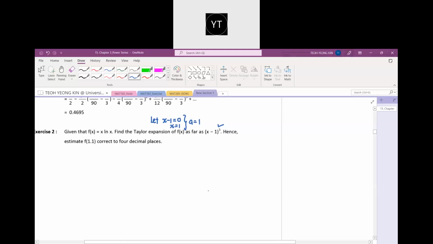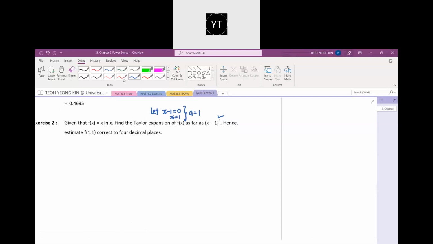So, first f(x) is x ln x. So f(1) becomes 1 ln 1. As we all know, ln 1 is 0. 0 times 1 is 0. So this is the first one.